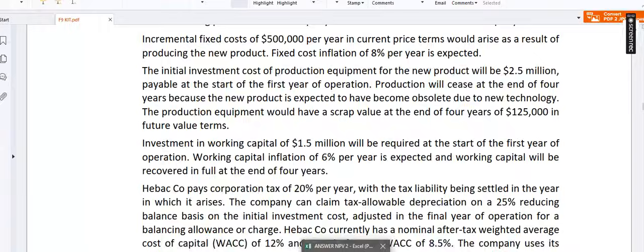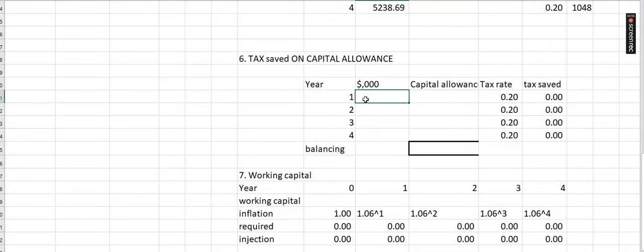So let's do it. In year 1, calculate depreciation: it will be 2.5 million times 25%. So 625 is your depreciation. Now in year 2, how do you calculate depreciation?